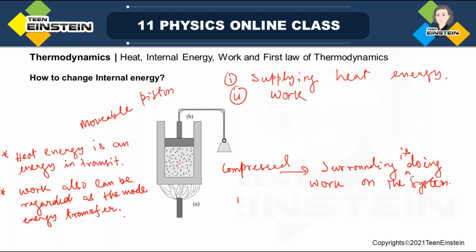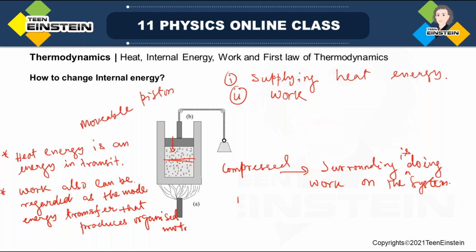Energy transfer that produces organized motion. I'll tell you what this is saying. See, when work is done, suppose the piston comes inward, then the gas molecules will not be that random. They will actually move with the piston.